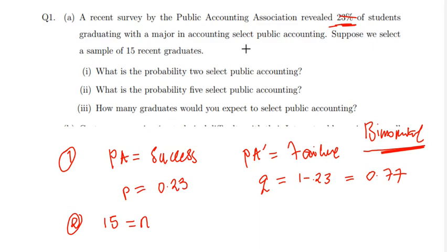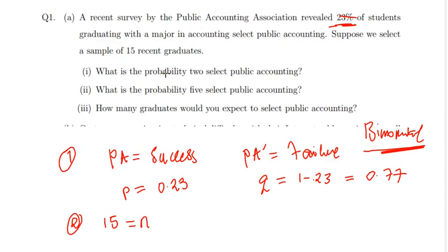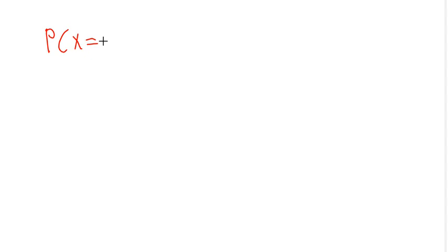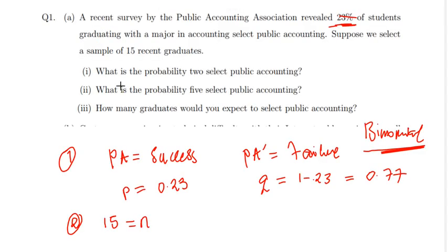So if we want to find a binomial probability, we can have a binomial model. Let's say P, the probability of the binomial model being equal to 2, which is the probability of selecting public accounting, as in the first question.